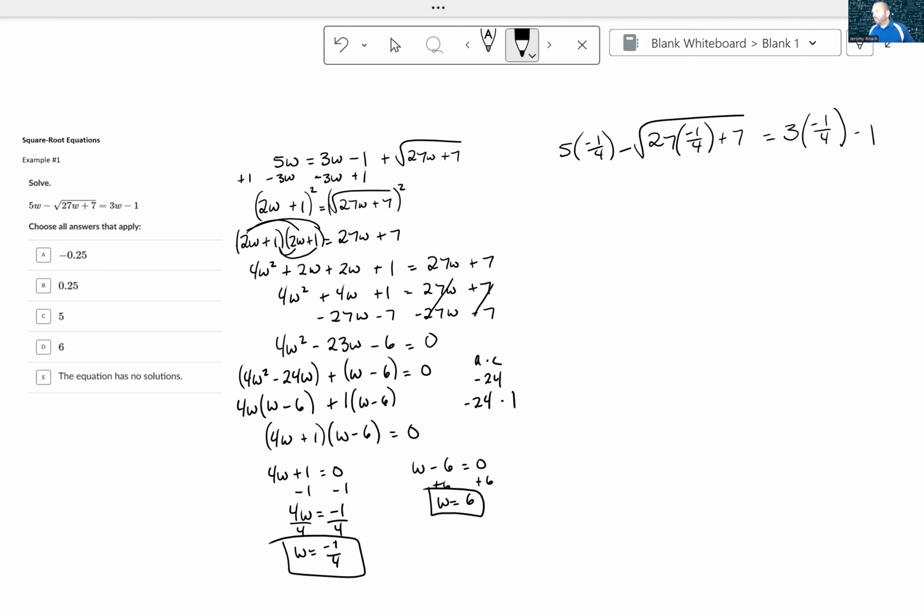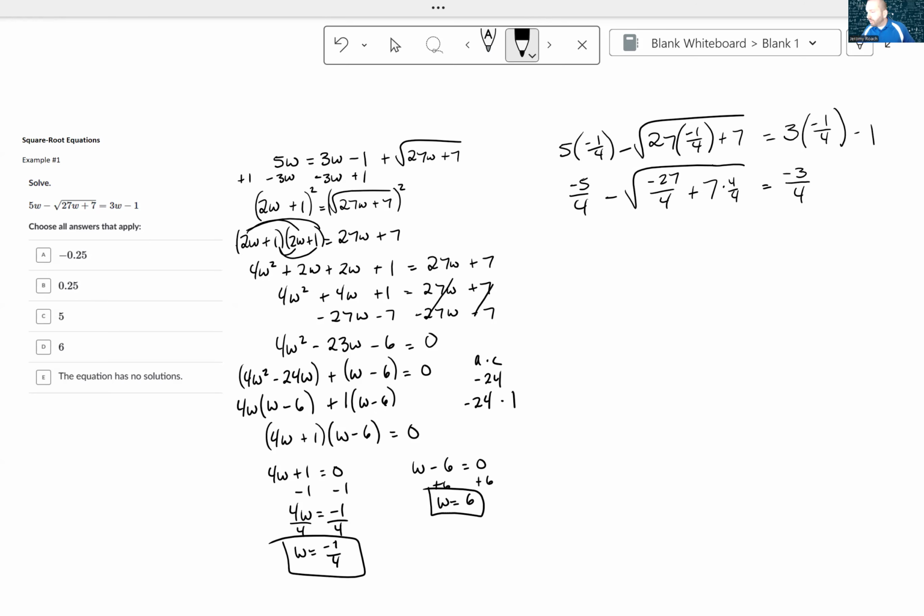Okay, so now this is negative 5/4 minus the square root of negative 27 over 4 plus 7. I'm going to times this 7 by 4 over 4 so that later we can add it together all nicely with the common denominator. So now this is negative 3 times negative 1/4 is negative 3/4.